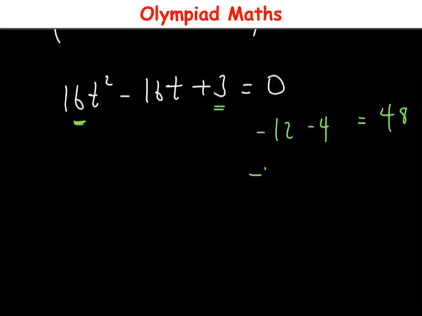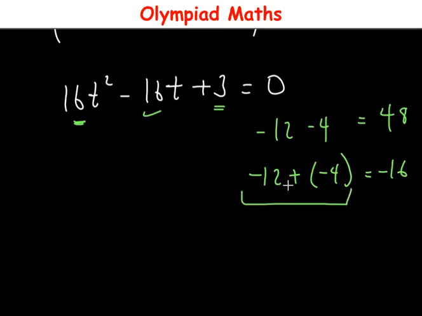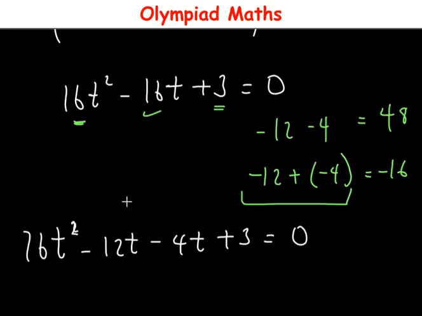And if we say minus 12 plus minus 4, that will give us minus 16, this right here. So we can replace minus 16 with minus 12 plus minus 4, such that this equation then becomes 16t squared, then minus 12t, then minus 4t plus 3 is equal to 0.